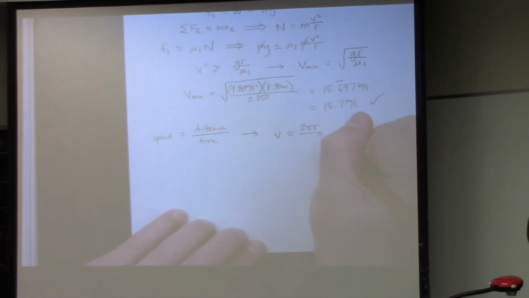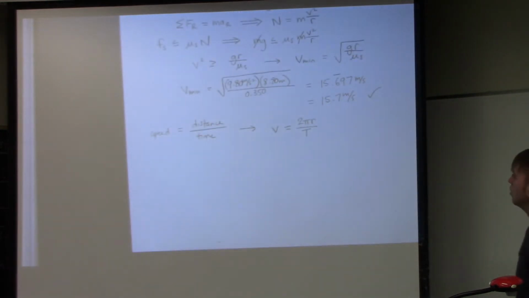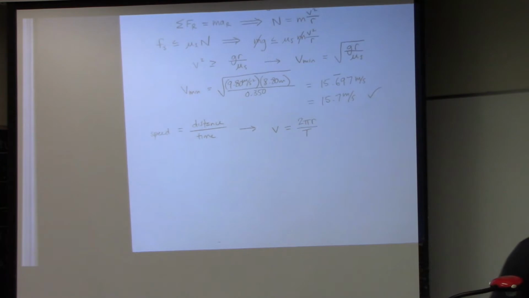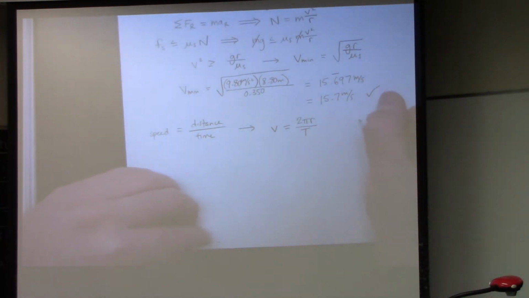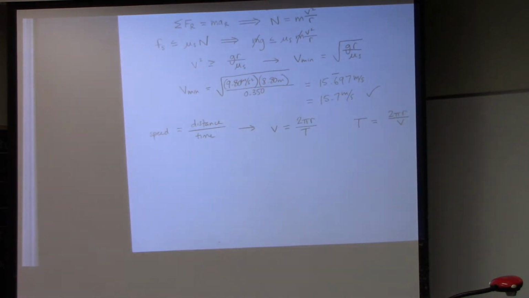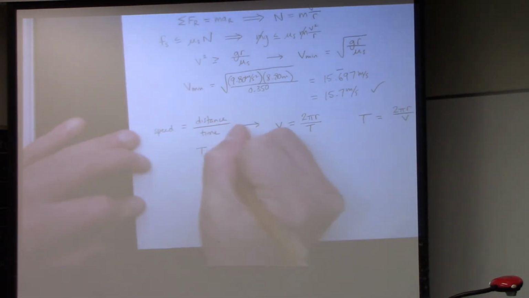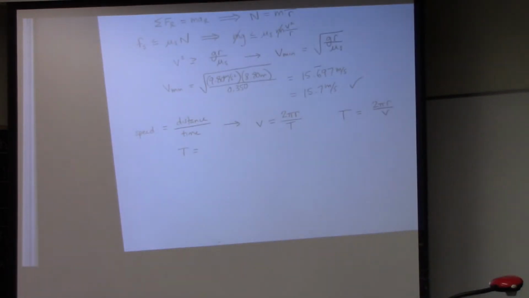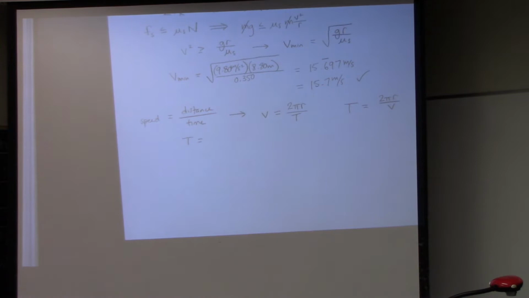If we divide that by the time it takes to do that, which is by definition the period, that's how long it takes to undergo one full rotation, we'll have this equation right here, which can then be rearranged to say T is equal to 2 pi r divided by v. That is going to give us the period of this rotation. So how long does it take the rider to make one full circle as he is on this ride?